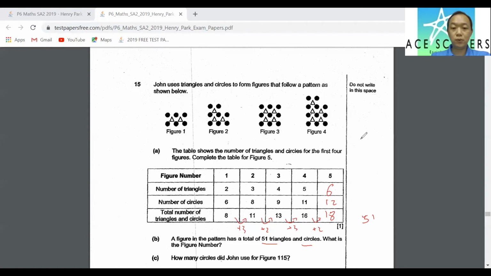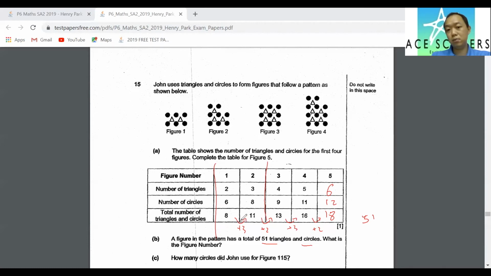Wait, that's 51, 2, 3, 4, 5, 6. 6, 8, 9, plus 2 plus 1 plus 2. Okay, groups of 5. So this is one group, yeah?